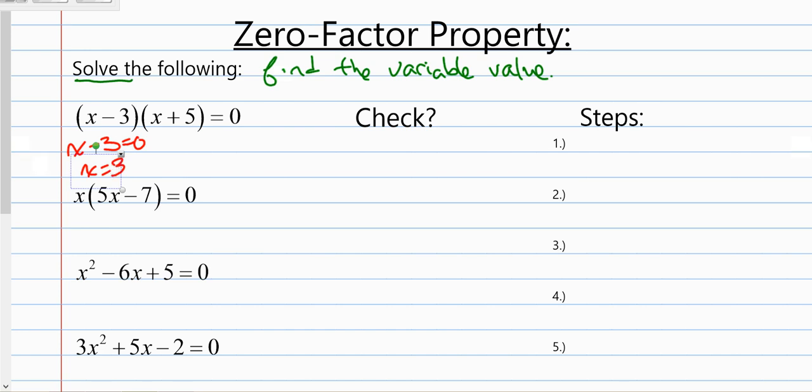For the second factor, it will equal 0 when x plus 5 equals 0. And that will happen when x equals negative 5. And we're always interested in checking, if at all possible, and to check, we would plug each value into the original equation.